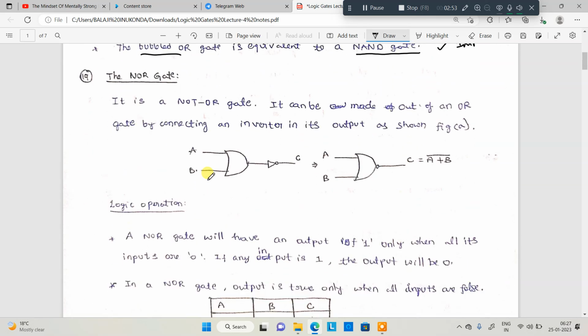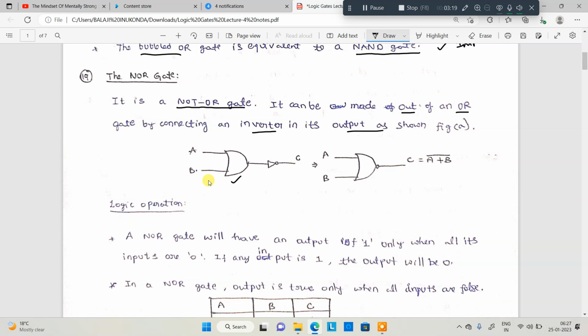Next we are moving to the NOR gate. The NOR gate is a combination of NOT and OR gate. It can be made out of the OR gate by connecting an inverter at the output. Very important: an inverter connected at the output terminal acts as a NOR gate.